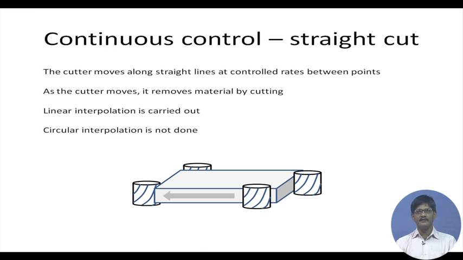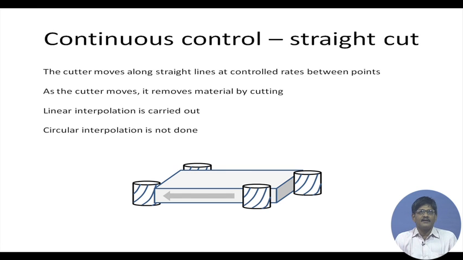So, here we are dealing with movements, and during the movements the cutting operation is being carried out, and these movements are essentially parallel to the x, y and z axes, or simply x and y of the machine.